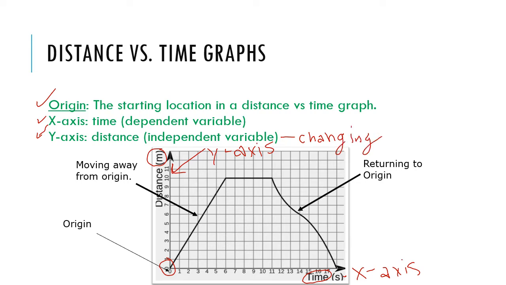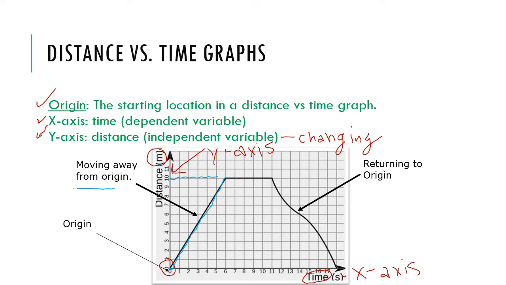So if you notice, we start here at the beginning of our graph. Now we're going to be moving away from the origin. So our distance is increasing. We started at a distance of 0 meters. Now from our original point, we are 10 meters away.